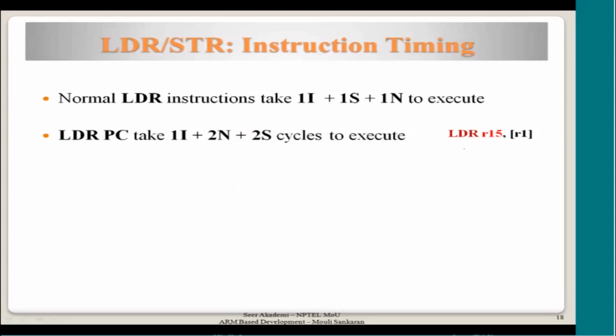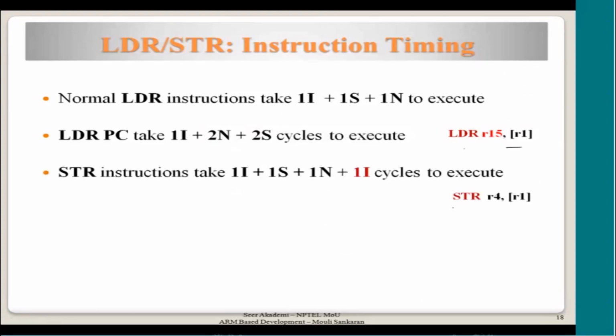Very good. Done. Now a store is a little different from LDR, only a slight difference. You can see that this is the same, this is also the same, but there is one additional thing. Why?